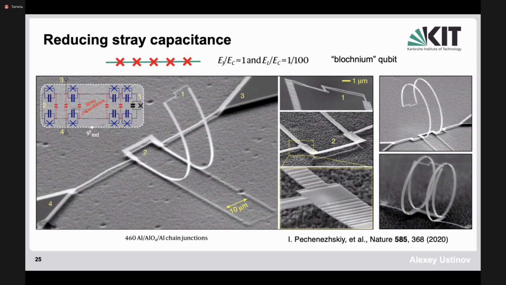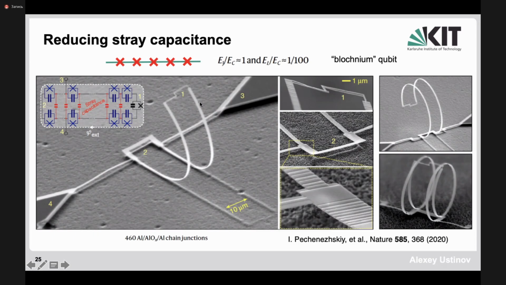And that's something which was discovered in the group of Vladimir Manucharyan very recently. They found a way to etch away the silicon substrate below the device they fabricated. And they were even able to make the device such that the chain of Josephson junctions, which you see here, together with a small junction there, was simply hanging in the air.